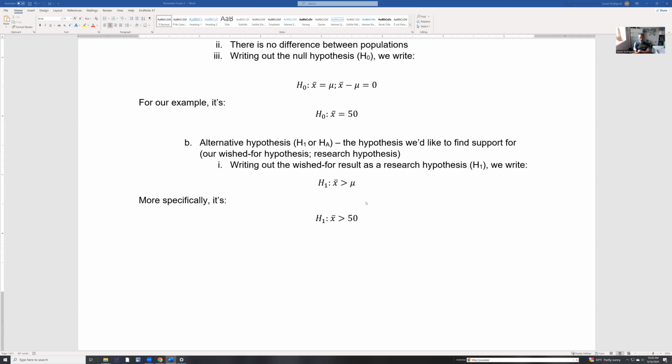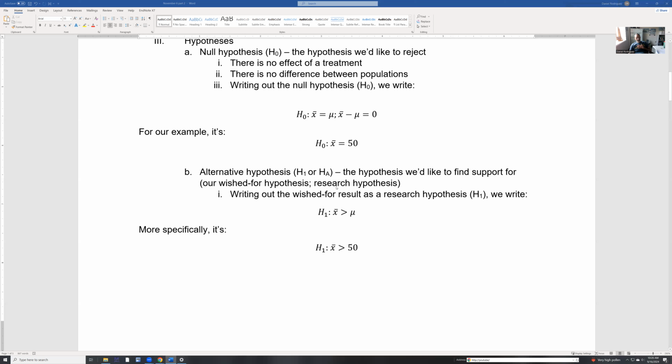If we were to write out this hypothesis symbolically, we'd write out something like this. Well, our alternative hypothesis has to, of course, match what our real interest is. So we were wondering if our sample weighs more on average than the population, right?